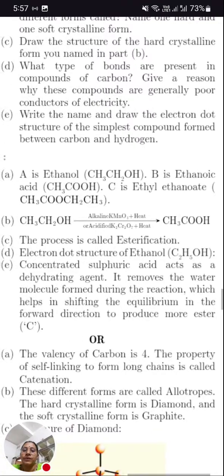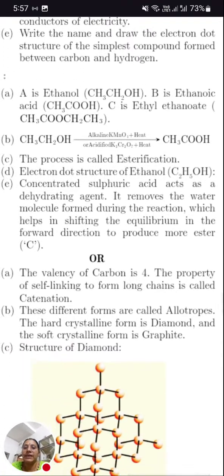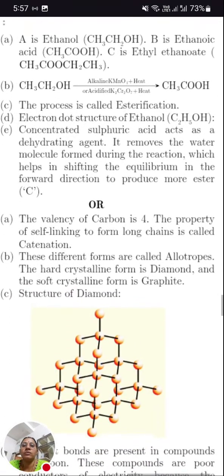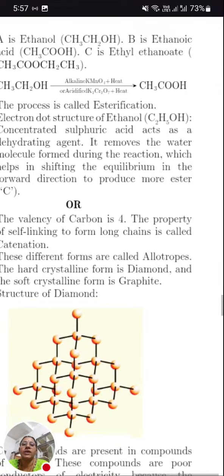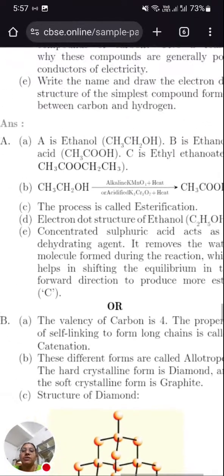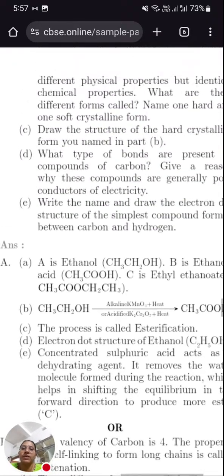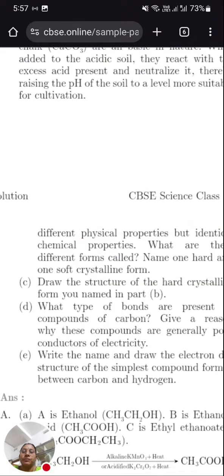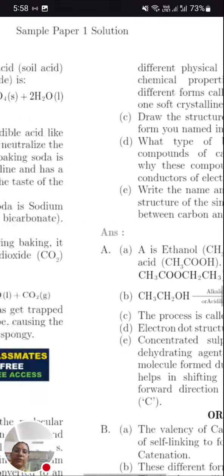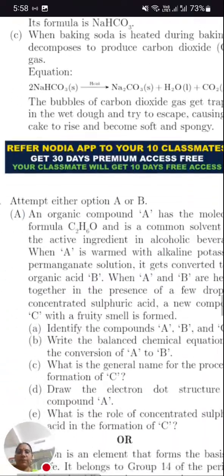Next, the electron dot structure of ethanol. For electron dot structures, I'll take a separate video where I'll explain them nicely. It needs a little explanation, so in this screen sharing I cannot explain that part. I forgot to read the question, so let me read it.